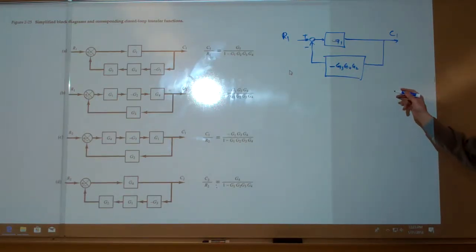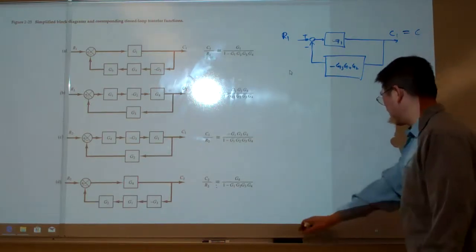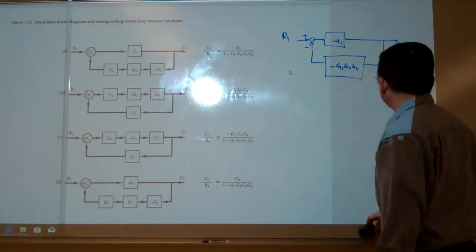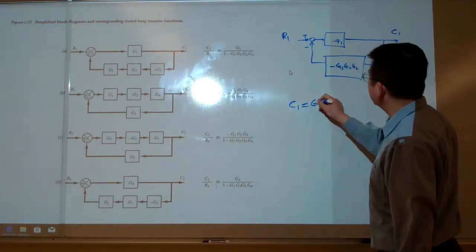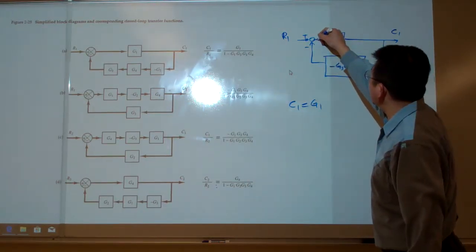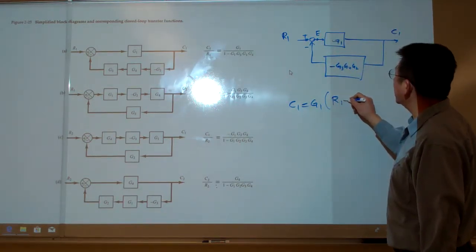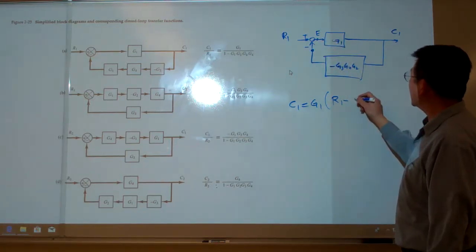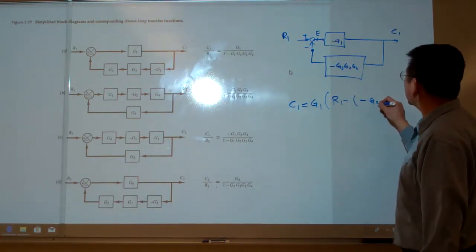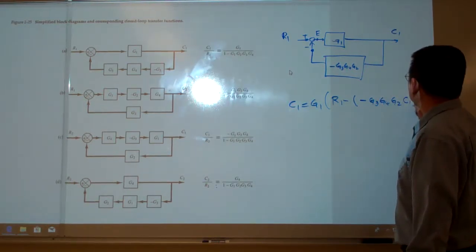So for this case, we can calculate basically C1 equal to G1. Let me write it up here. So C1 equals G1 multiplied with E. The signal here is E. What is E? E equals R1 minus this signal. That signal equals minus G3, G4, G2 times C1.